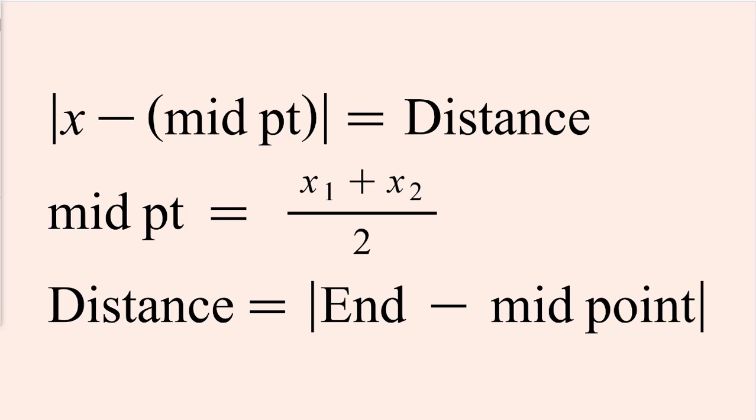One of the formats we'll look at, and the main one we'll stick with, is the variable minus the midpoint, so we have x minus the midpoint is equal to the distance, and we're going to take the absolute value of it. The midpoint is just the average of the two endpoints, so you add them together and divide by 2, and the distance is finding the end to the middle.